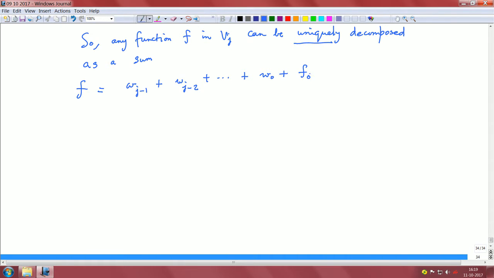Plus f0. Now wl can take care of a short burst of width 1 upon 2 power L plus 1. I mean this is the resolution.